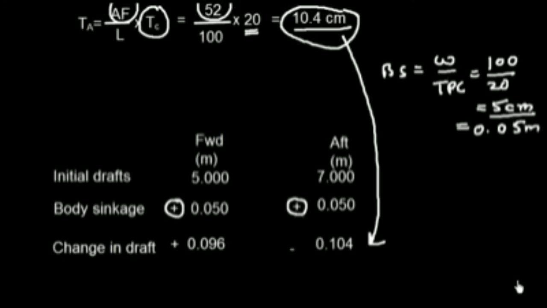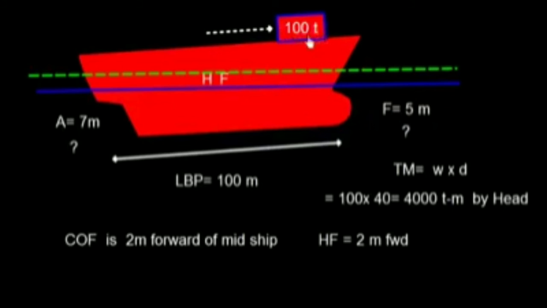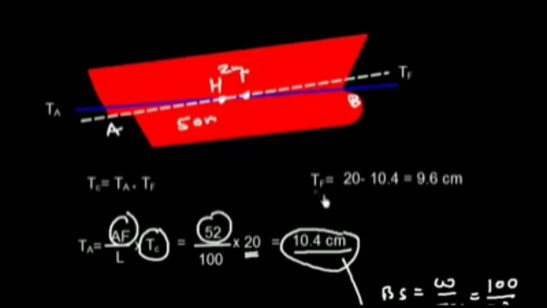Well, just to check the sign, the trim cost TC was forward or by head, that means this forward draft will increase and aft draft will decrease because we had loaded the cargo in the forward direction. So the forward draft will increase, so the TF will increase.